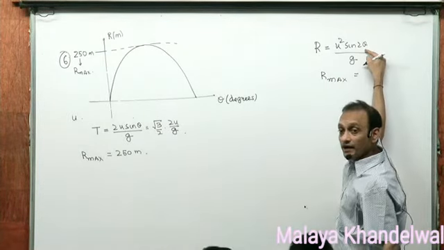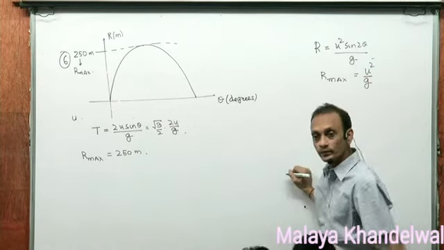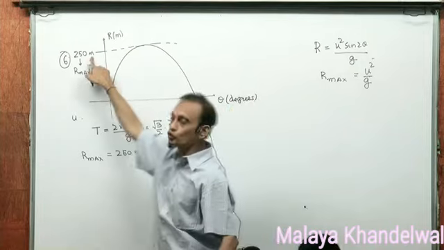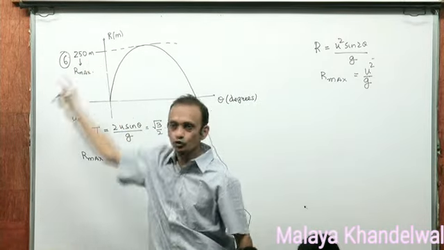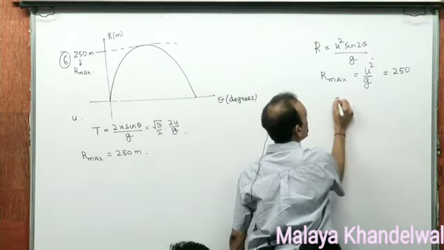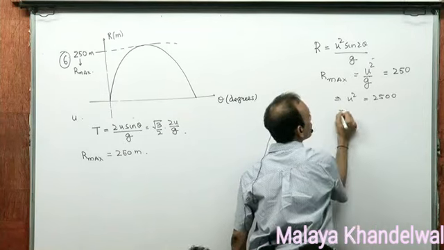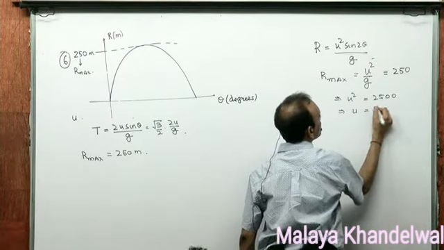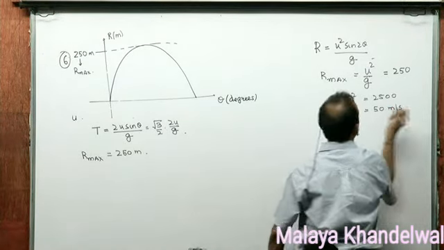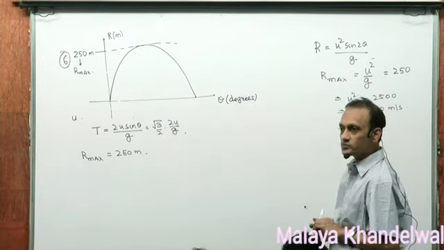Sine 2 theta will be 1. That means u squared by g, and that's given to be 250 meters. So I get u squared equal to 2500, or u equal to 50 meters per second.